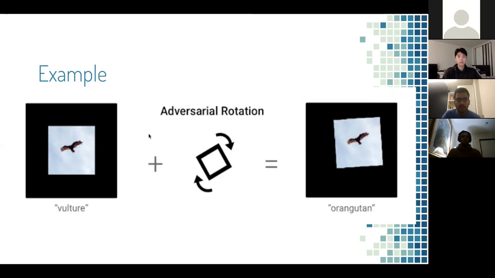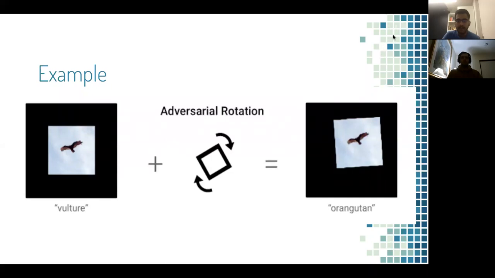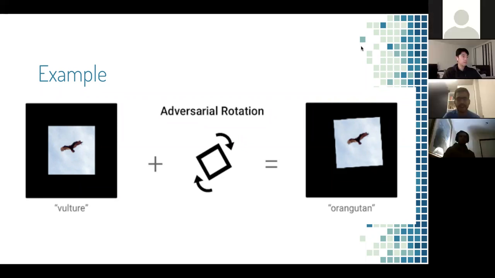So you can trick a machine learning model in many ways. The previous one was where we essentially just added some noise and it was classified incorrectly. You can also take the original image, rotate it a little bit, and that can also fool a machine learning model.